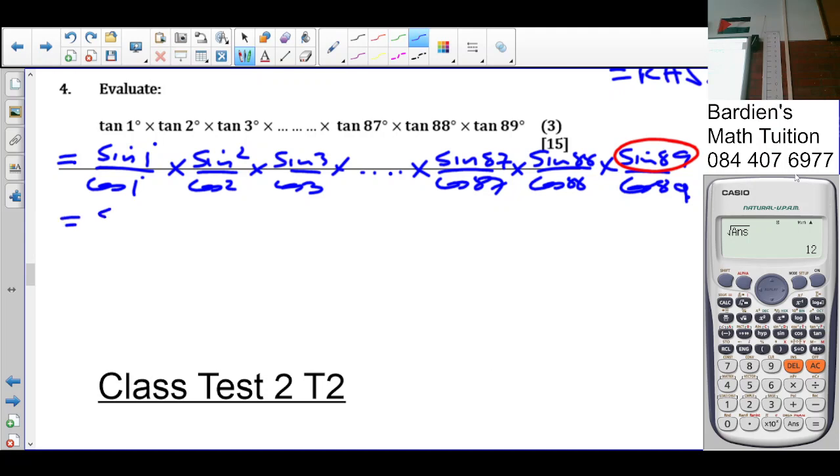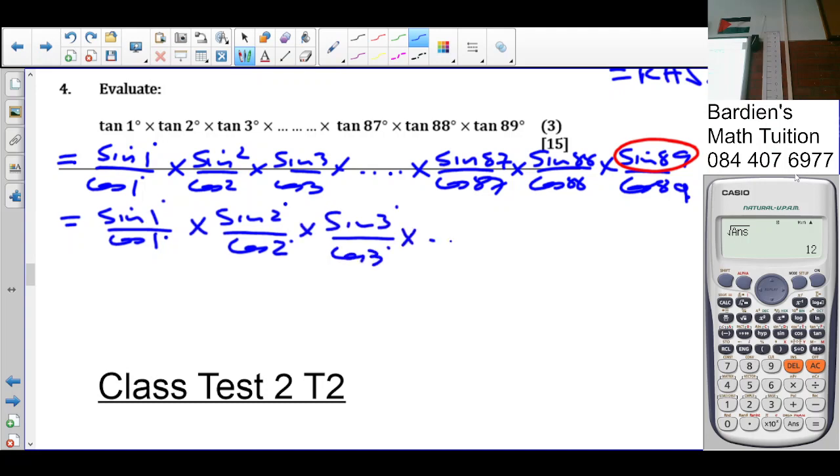So keep the first, so sine of 1 over cos of 1 times sine of 2 over cos of 2 times sine of 3 over cos of 3 times the co-function of sine of 87 is cos of 3 over sine of 3 times cos of 2 over sine of 2 times cos of 1 over sine of 2.